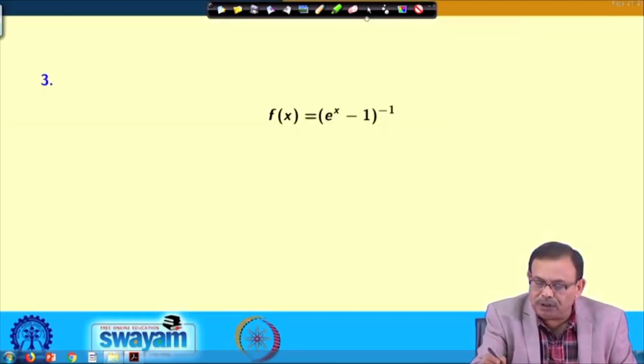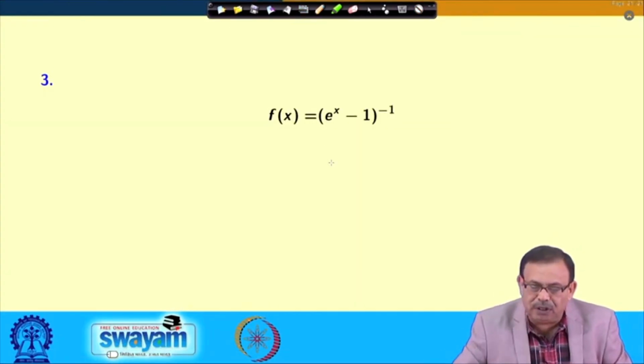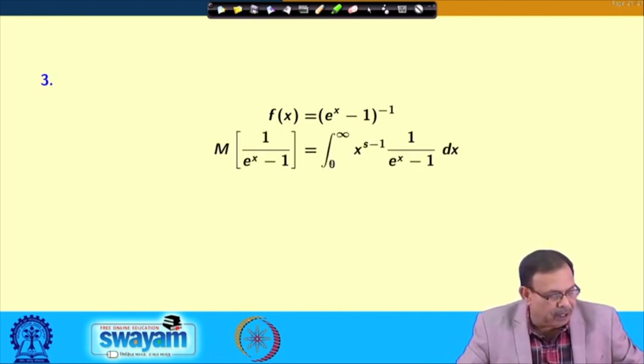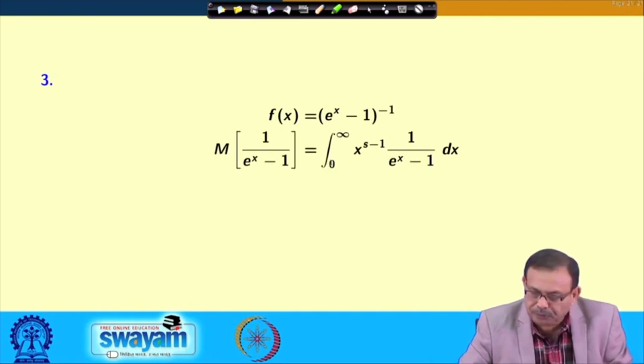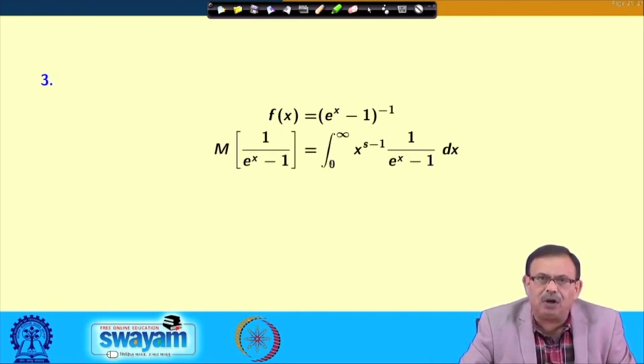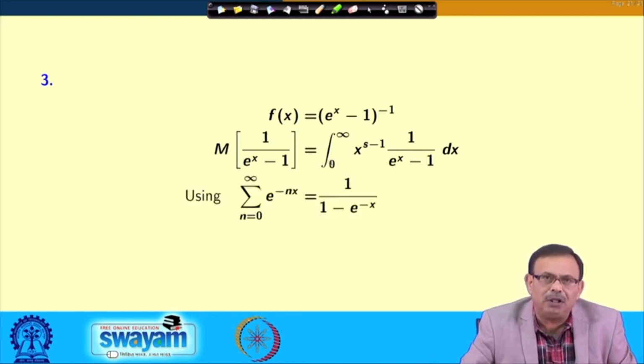So, if I see over here, your f x is this thing, so the Mellin function of 1 by e power x minus 1 equals 0 to infinity x to the power s minus 1 into 1 by e power x minus 1 dx. Now, we are using this series that 1 by 1 minus e power minus x equals summation n equals 0 to infinity e power minus n x, and this we can rewrite as n equals 1 to infinity.